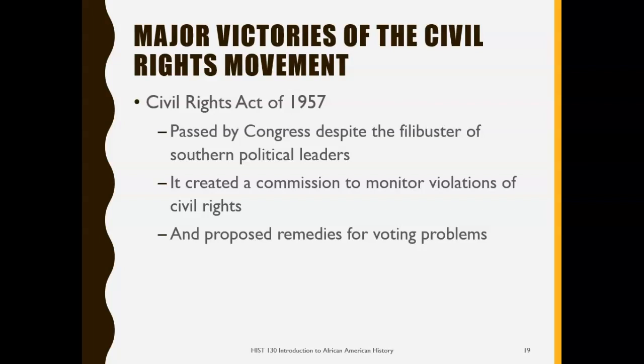So we have the Civil Rights Act of 1957, which created a commission to monitor a violation of civil rights, and also proposed remedies for voting problems. So that's a major Civil Rights Act of 1957.